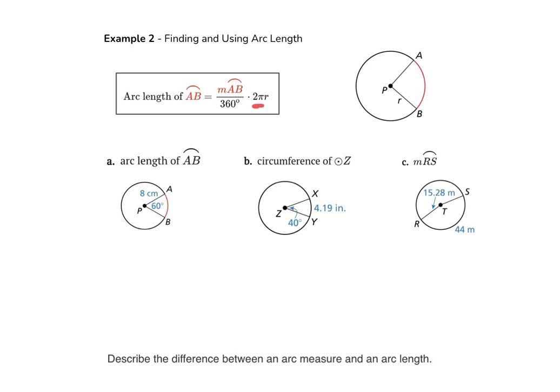This is the same formula that we just talked about: 2 times pi times radius. You could also use pi times d, but most of the time on these, the radius is what's going to be given to me, so we're going to stick with 2 pi r. So here we're going to do 60 over 360 times 2 times pi times 8. 8 is my radius.